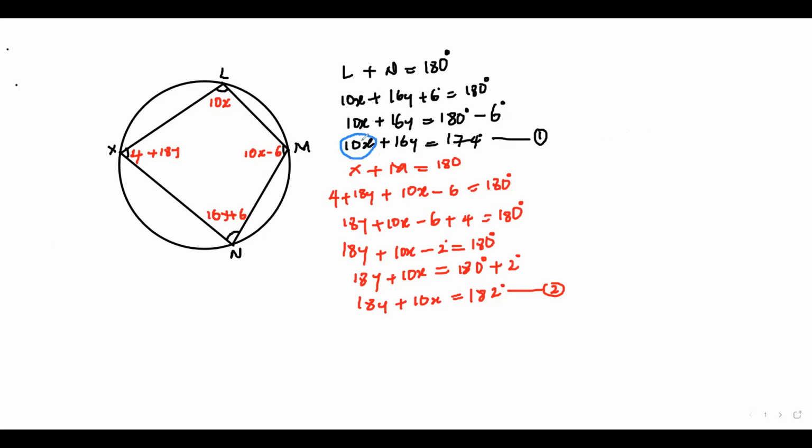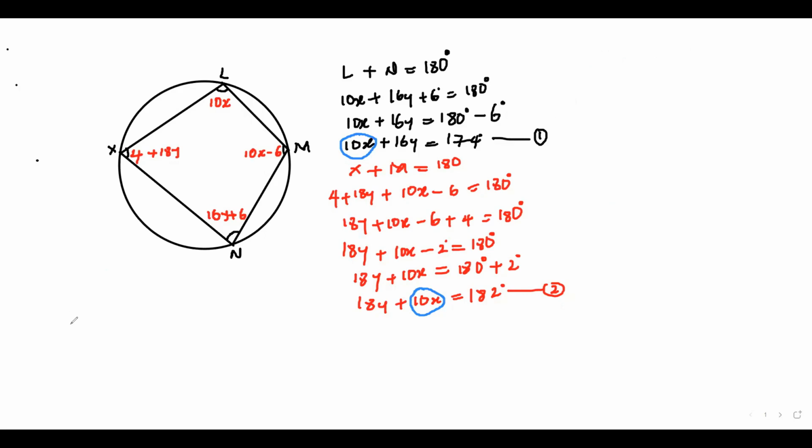Here we have 10x as one of the terms. Now the second equation we also have 10x as one of the terms. Since we have 10x here, one of the sweetest things we're going to do is to subtract the first equation from the second equation, as simple as that, and we're done.